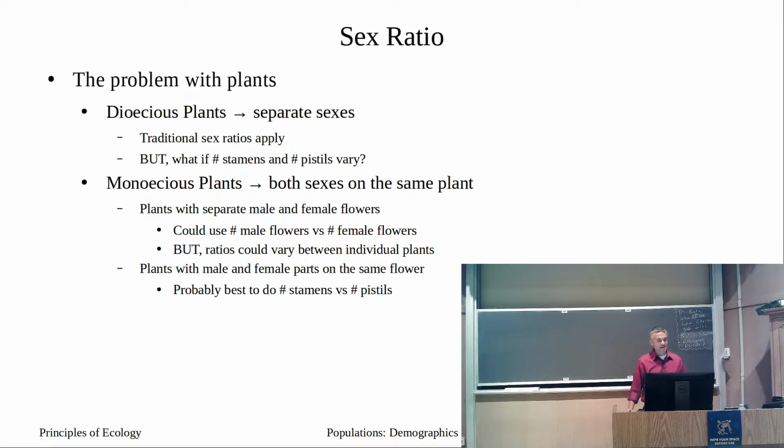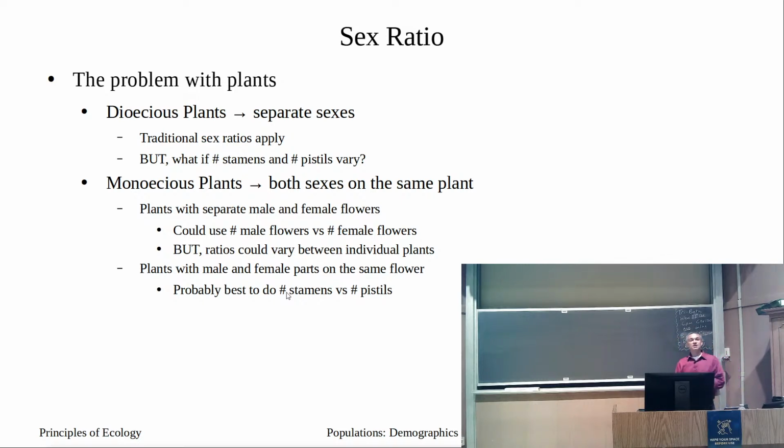All right? And the same thing would apply if we're dealing with monoecious plants. With separate flowers, you can do the same thing. You could count the number of male flowers versus the number of female flowers and report that as a sex ratio. Or we can go through and count again the number of stamens and pistils. And if we have the other case where you have a complete flower with both male and female on that one flower, same thing.